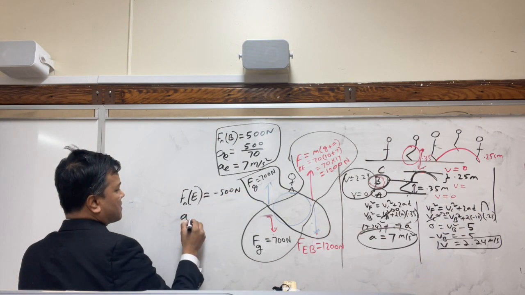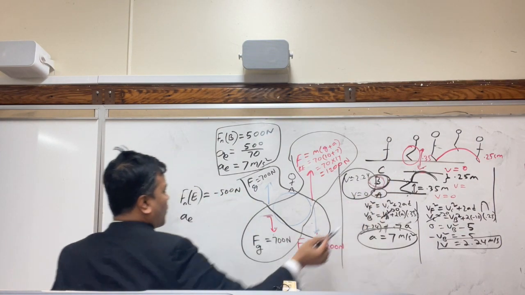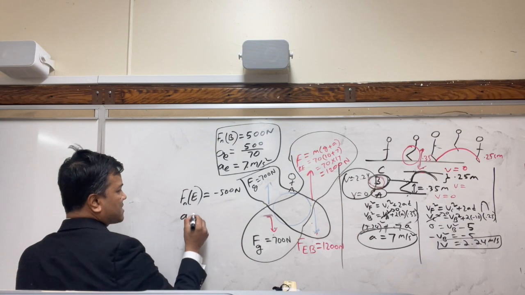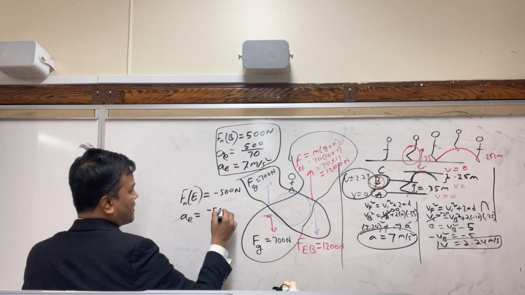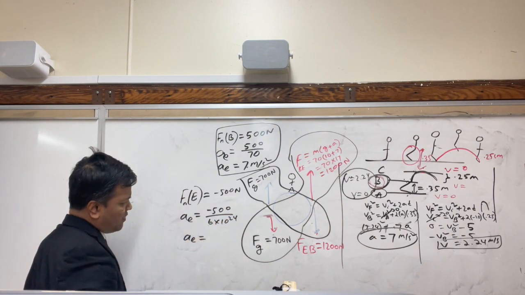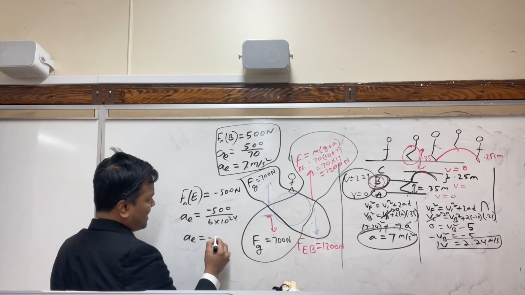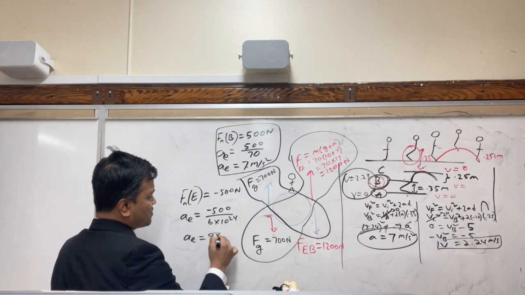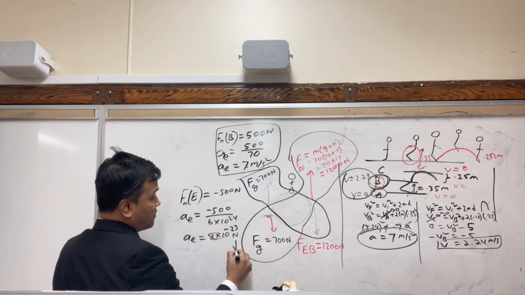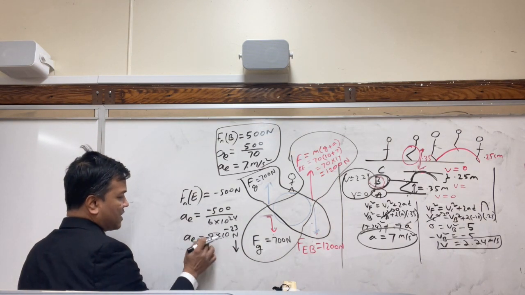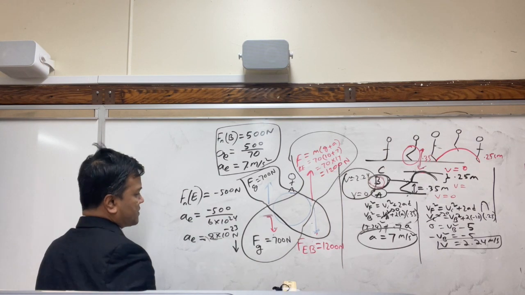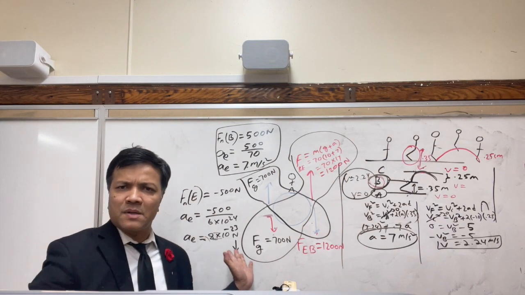Now find the acceleration of the earth at that moment when Mr. Barry is jumping up with the acceleration 7. The earth is jumping down with an acceleration of minus 500 divided by 6 times 10 raised to 24, which is approximately negative 8 times 10 raised to negative 23 meters per second squared. Instead of putting negative, you can put down, but you can put negative, it doesn't really matter. All right, so earth is moving downward. It's a small number, but it's a number.